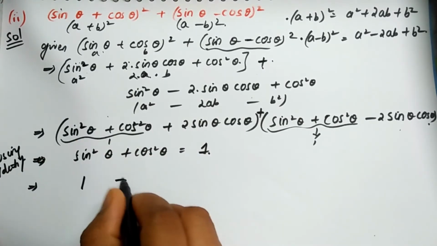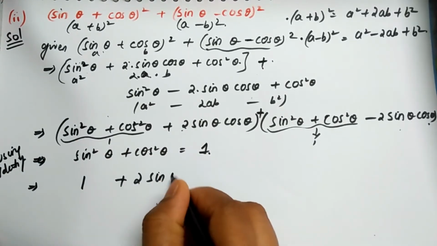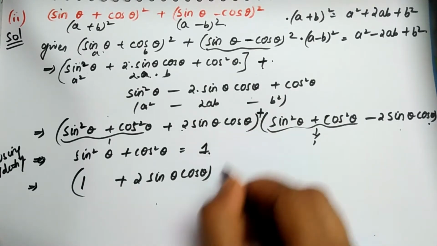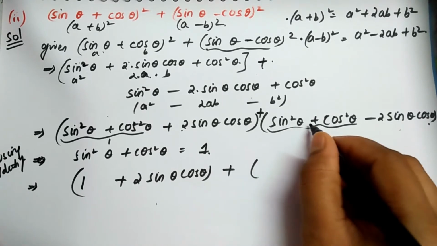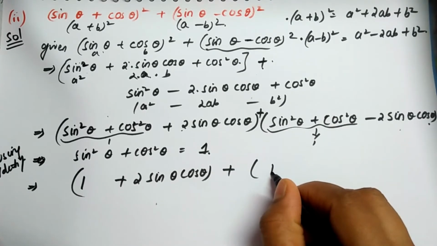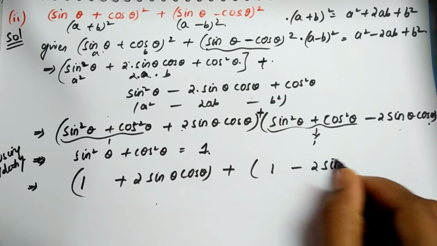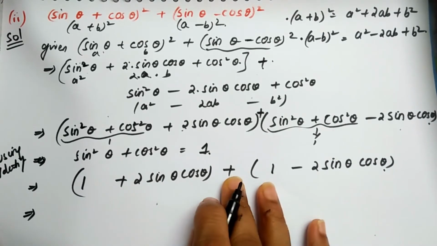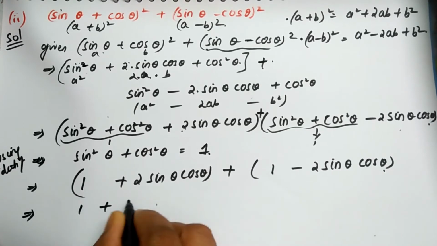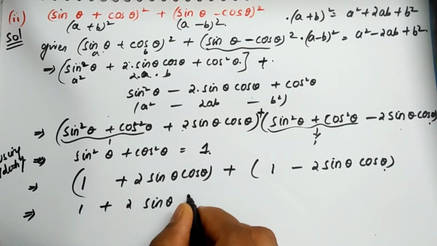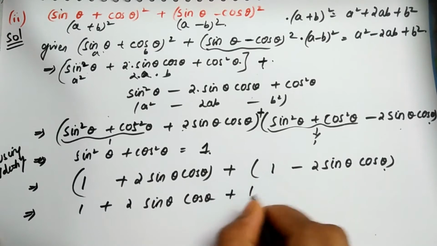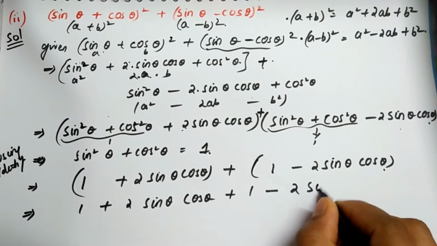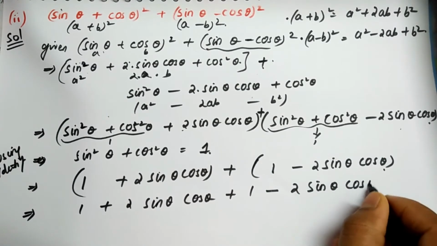This will be 1 plus 2 sine theta cos theta. See, this is not into, this is plus. Plus sine square theta plus cos square theta is 1 minus 2 sine theta and cos theta, right? So now here, since it's a plus, 1 plus 2 sine theta and cos theta plus 1, since it's a plus, minus 2 sine theta cos theta, right?